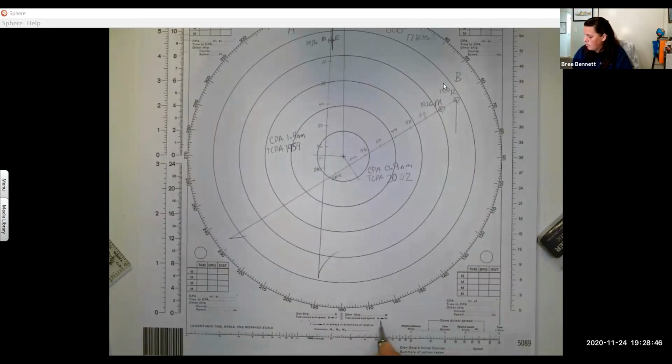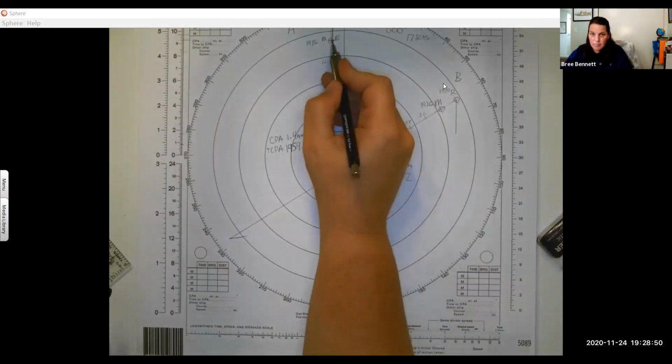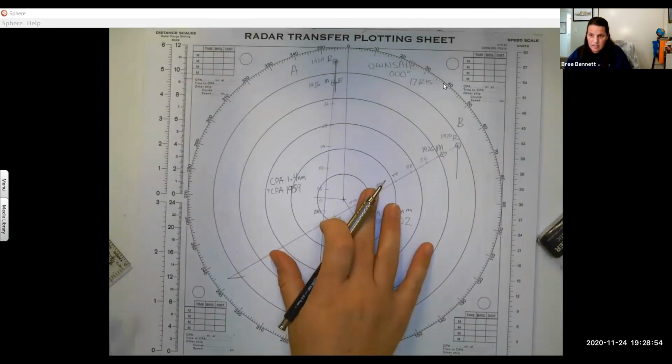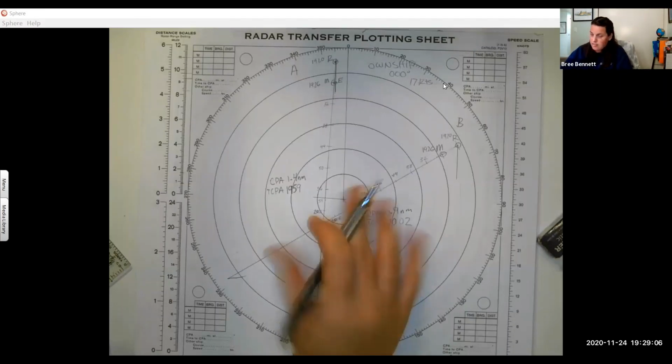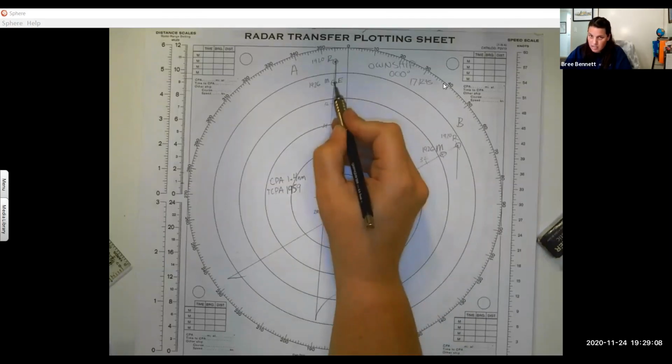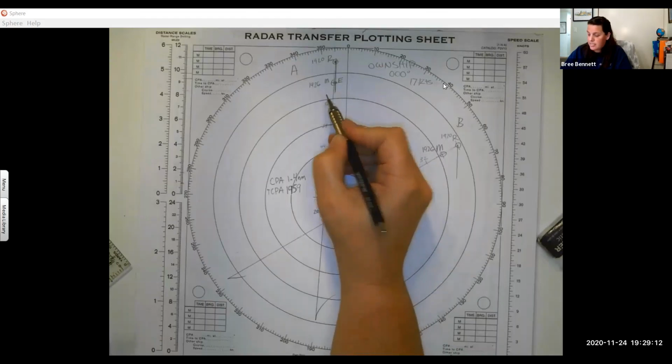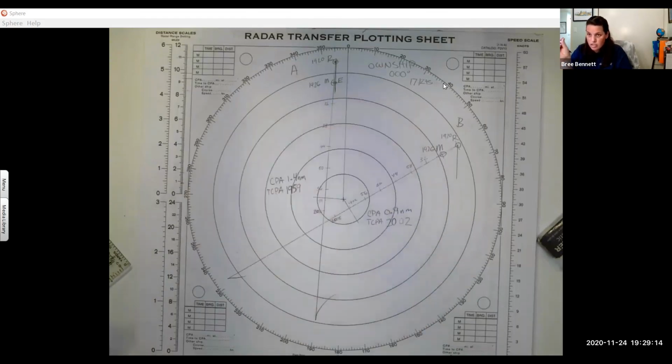E to M is the other ship. So if E to M are right on top of each other, what's happening to that vessel? It's not moving very quickly. You may even call it dead in the water. It's drifting very, very slowly because that E to M is so small.